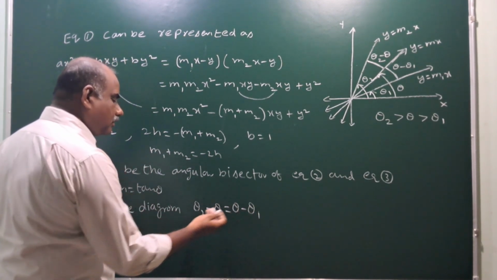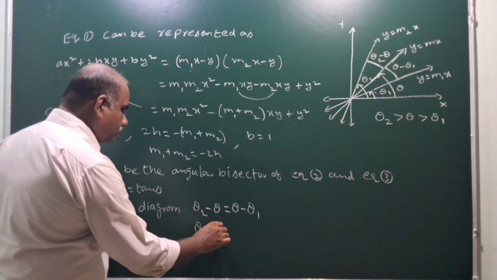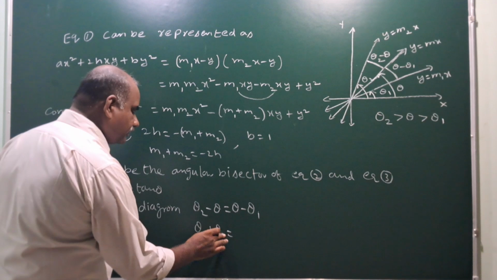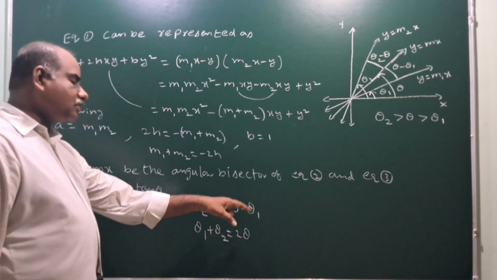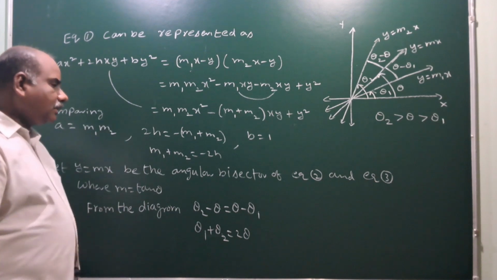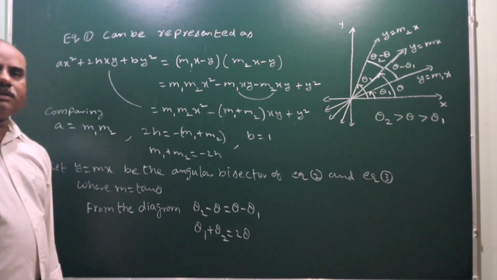Transposing minus theta 1 to the left side and minus theta to the right side, it becomes theta 1 plus theta 2 is equal to 2 theta. Now we have to apply tan on both sides, then we get the final result.